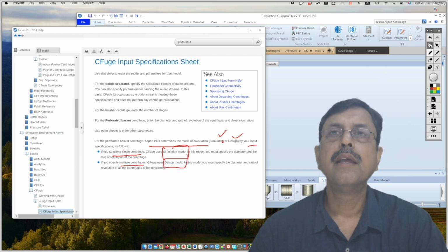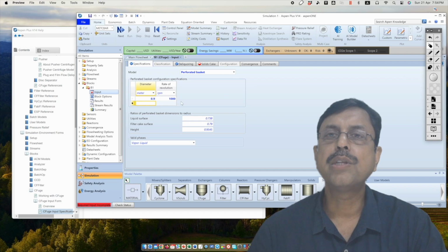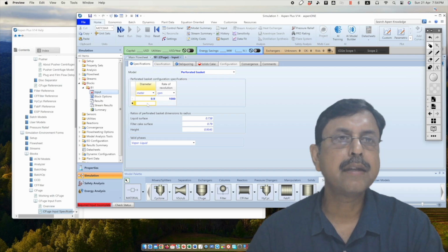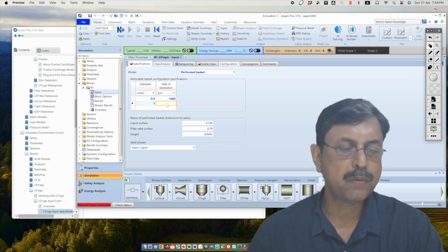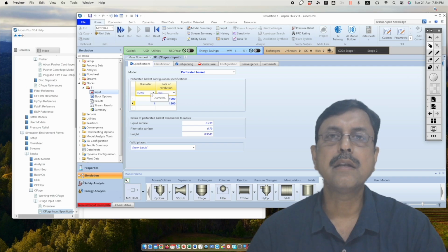So, if you specify over here only one set of diameter and rate of revolution, that means you are using only one centrifuge. It is simulation mode. But if you use, say, another diameter, say 1 meter, it may be 1200 RPM or so. In that case, it is a multiple diameter and multiple rate of revolution operation. That means it is a design mode operation. Okay?